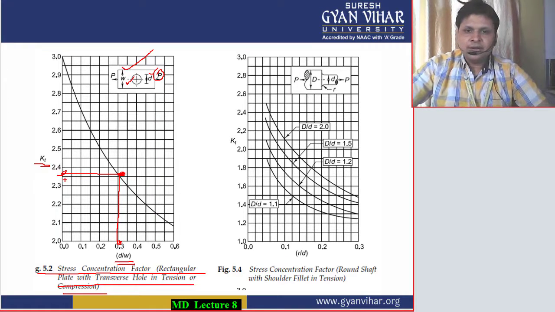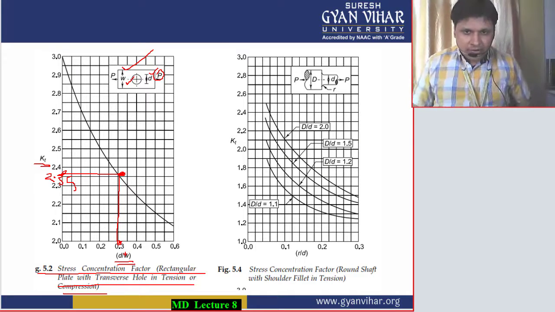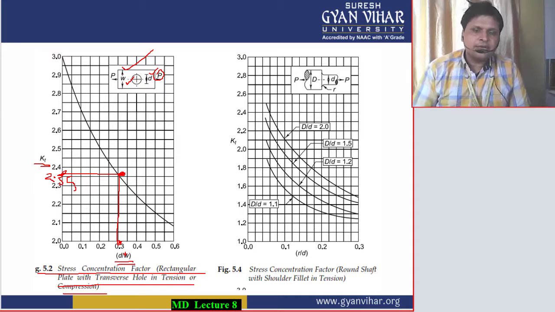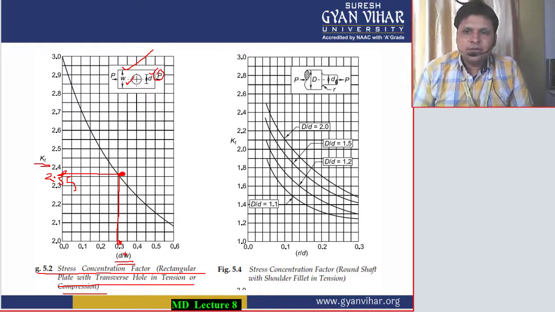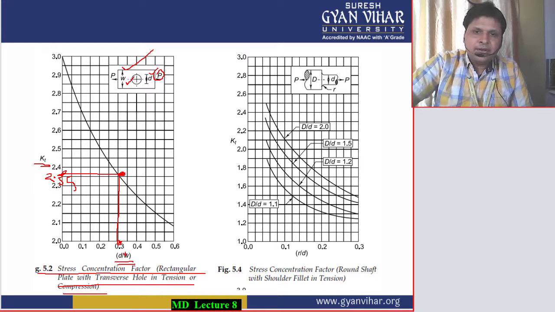So here you can find that the KT value is 2.35. This means that if the d by W value is equal to 0.3, then the KT value for that particular case will be equal to 2.3. This was the case of a plate with a hole.